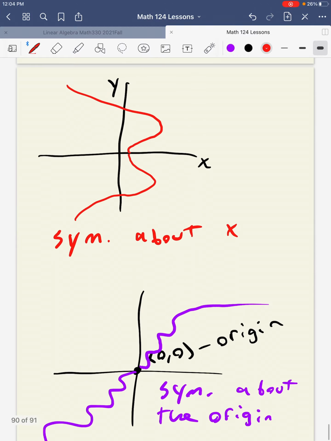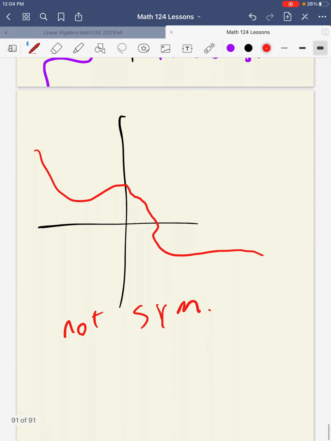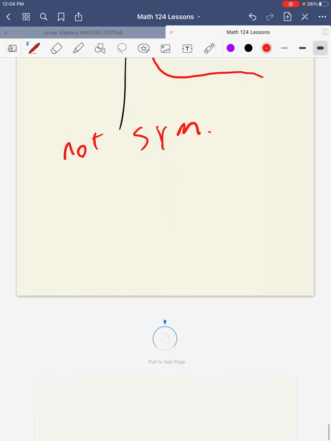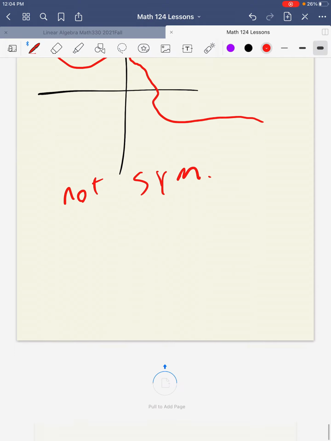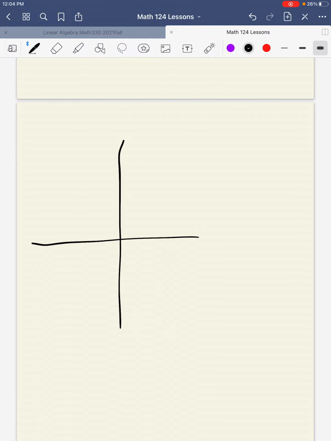Okay, so this is the graphical way of doing it. Now I'm going to tell you the algebraic way of doing it. So we could start with y symmetry. Let me draw a graph that is symmetric about the y-axis.